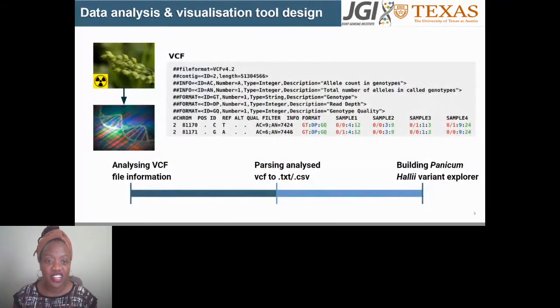So in the JGI lab at the University of Texas, Panicum hallii plants were exposed to fast neutron irradiation. This technique introduces a wide range of random mutations, and this could reveal unknown genes or the impact of mutations on known genes.